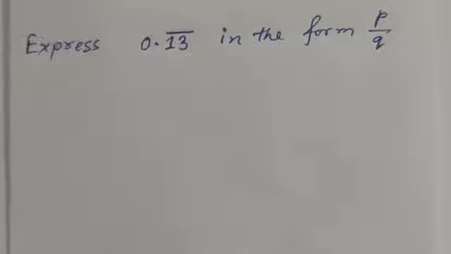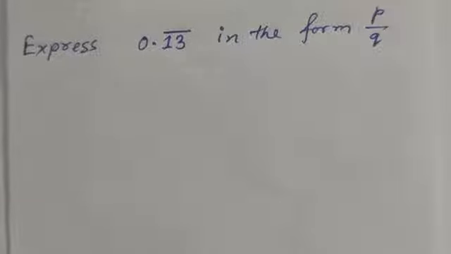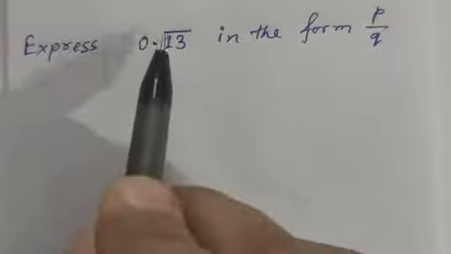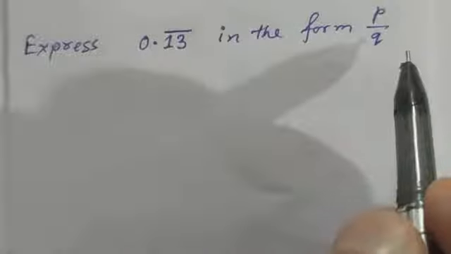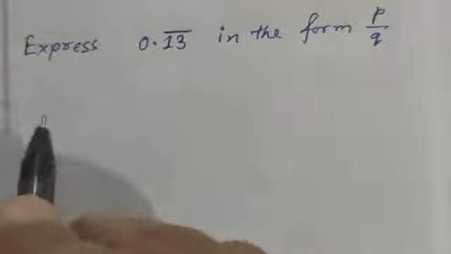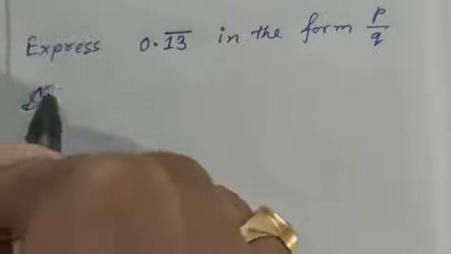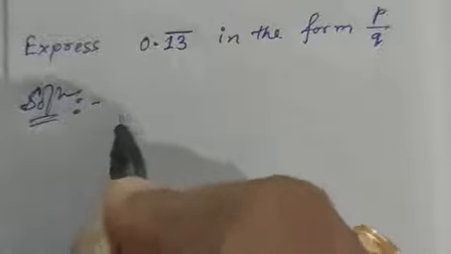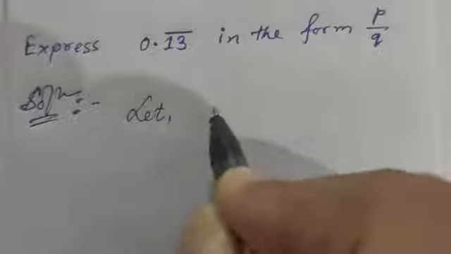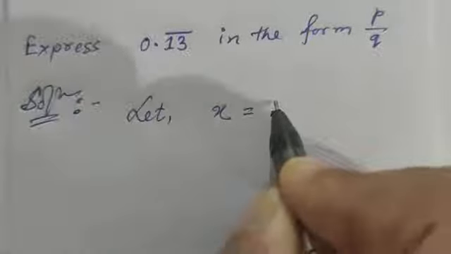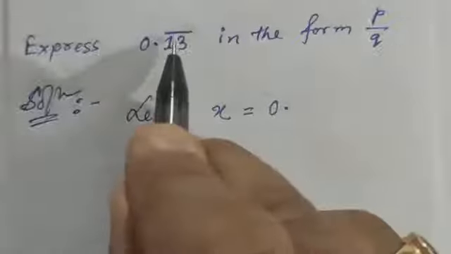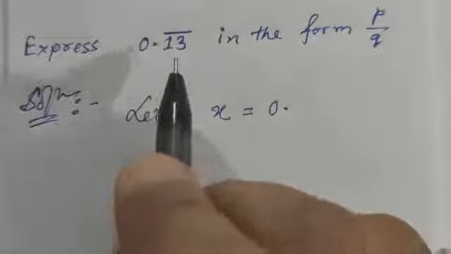Let us take one more example. Express 0.13 bar in the form p by q. Solution. We will write let x equal to 0.13 bar. Let us understand the meaning of 13 bar.